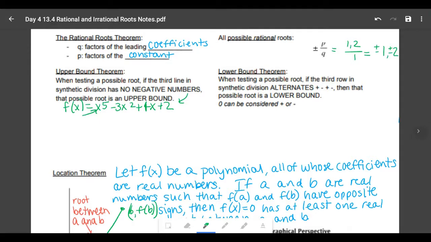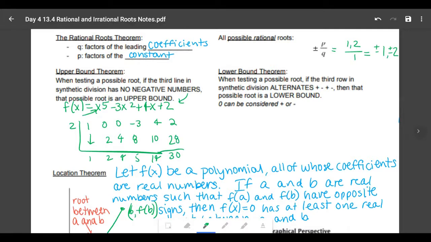So I'm going to test for my possible root. If I were just to test the number 2, I'm going to do my synthetic division. Make sure that you indicate a 0 where you are missing some terms. If I do my synthetic division really quickly here, I'm going to look at what I have in this bottom row.